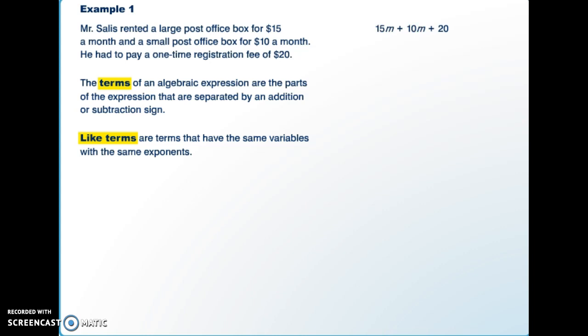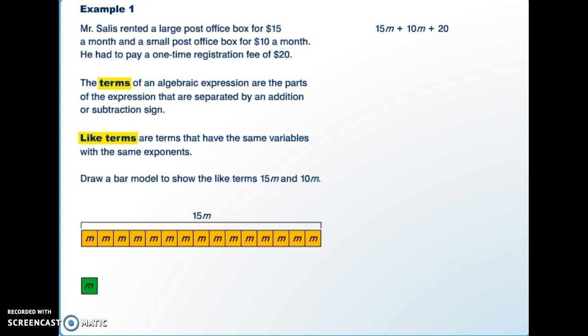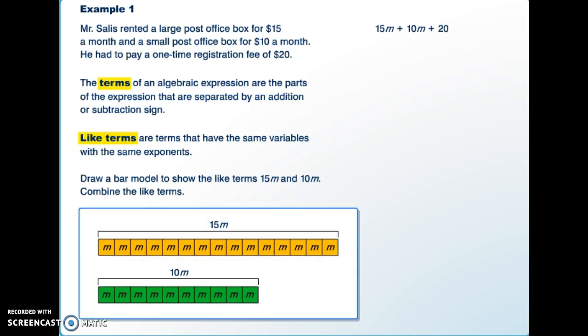You can use a model to simplify the expression. Draw a bar model to show the like terms 15M and 10M. Combine the like terms.